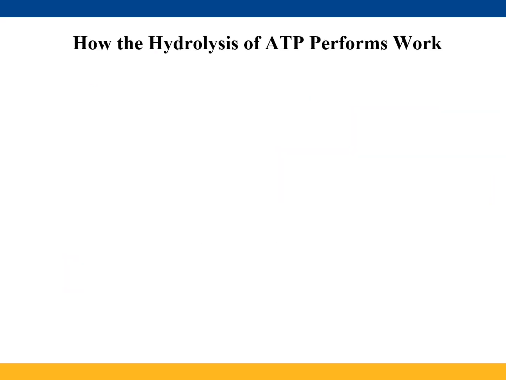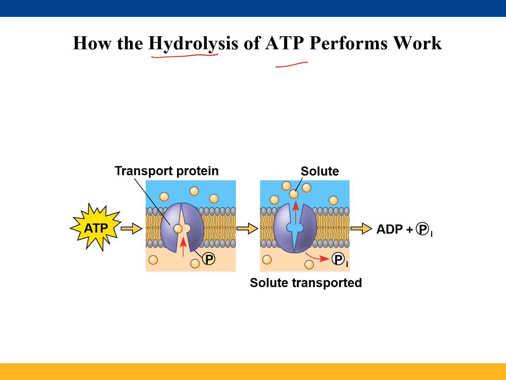Now we're going to give you 2 examples of how the hydrolysis of ATP can perform some work. And I remind you that we have 3 examples: transport, mechanical work, and chemical work. So I'm going to talk in this slide about the transport.